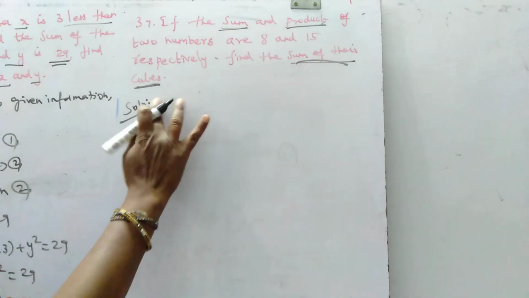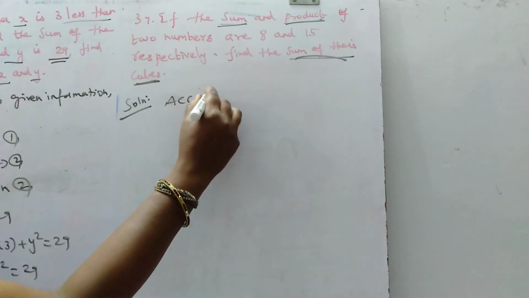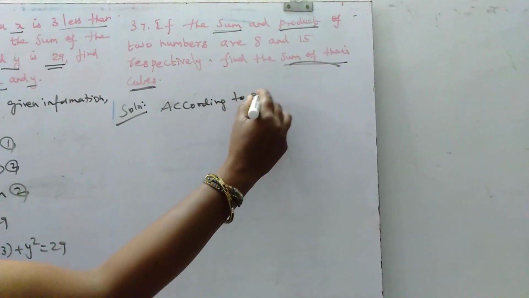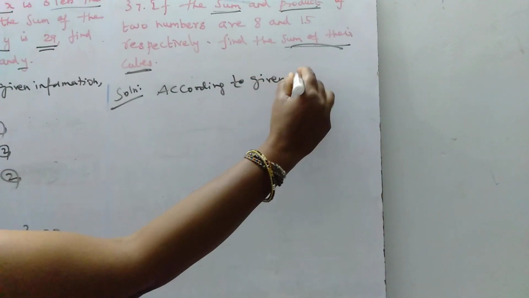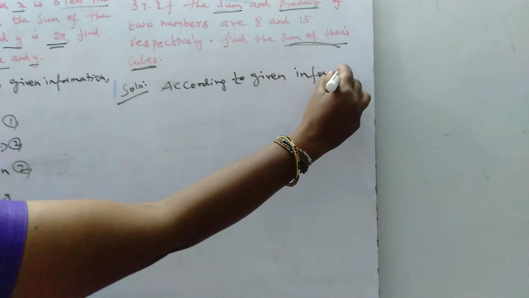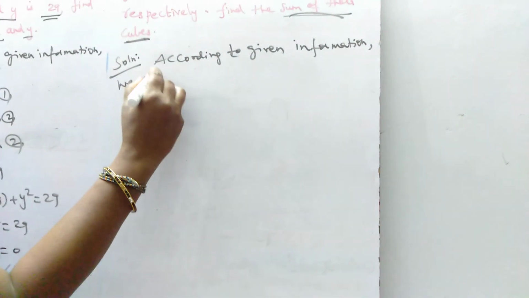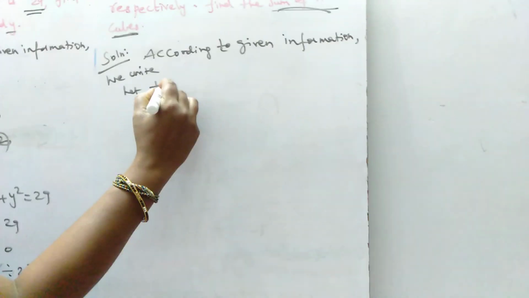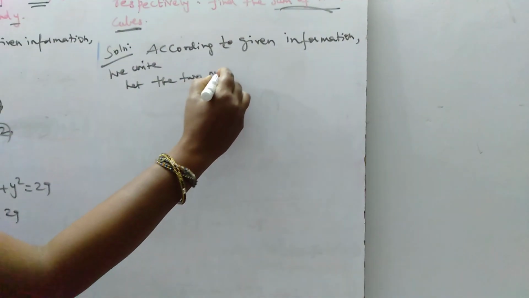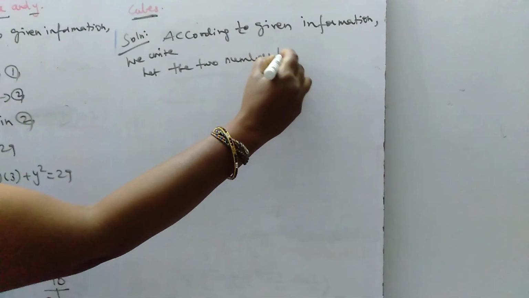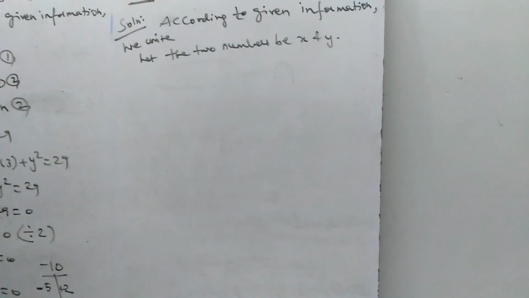According to given information, we write: let the two numbers be x and y, right?